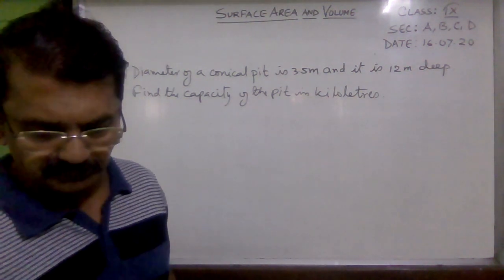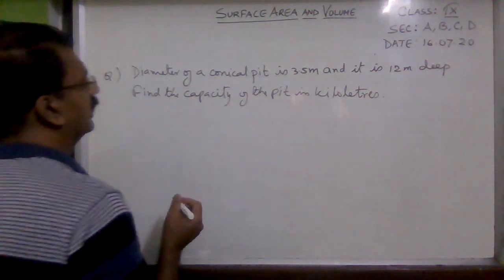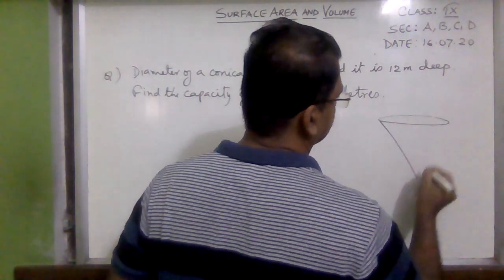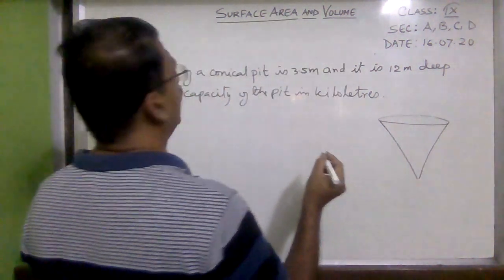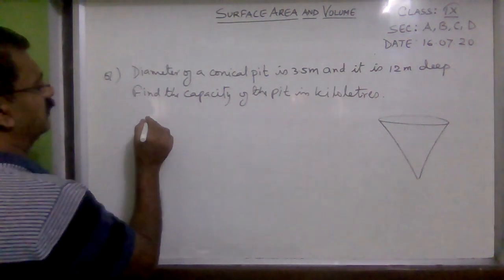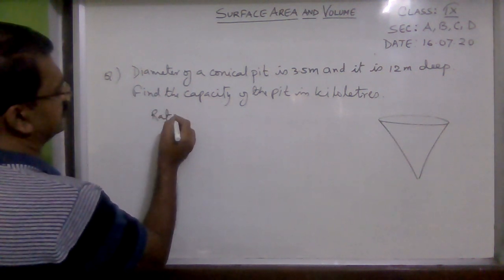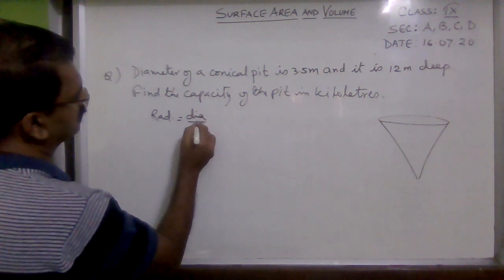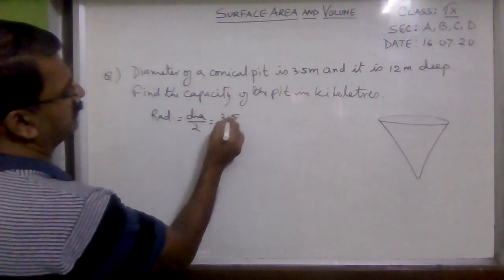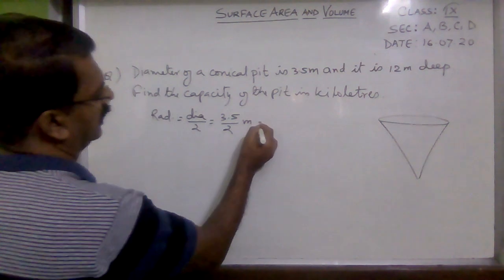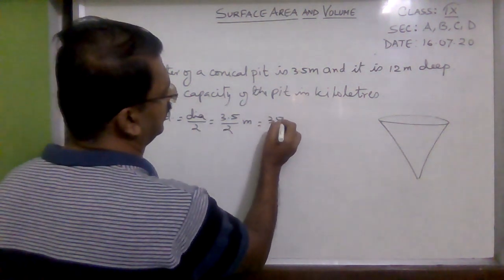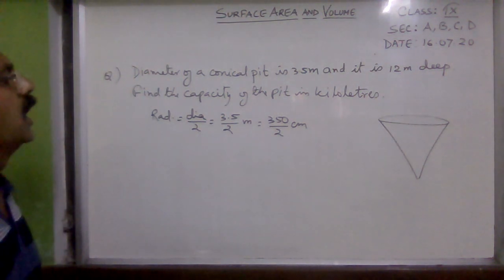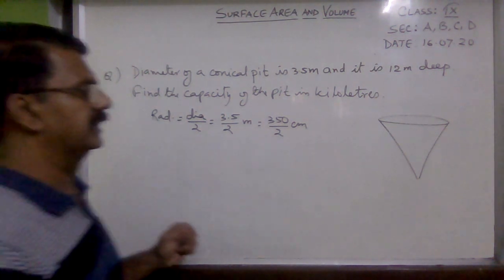Now what we do, this is the pit. They have given the diameter to be 3.5. You know the radius is diameter upon 2. That is 3.5 by 2 meter, or you can say 350 upon 2 centimeter, because to convert meter into centimeter we multiply it by 100.